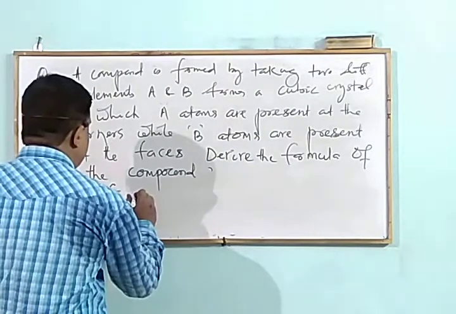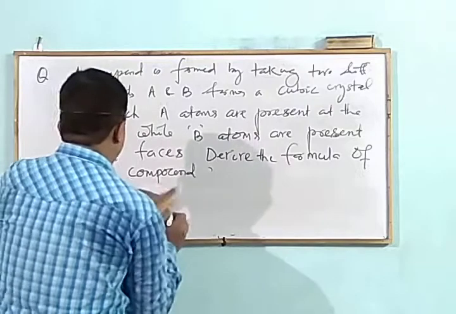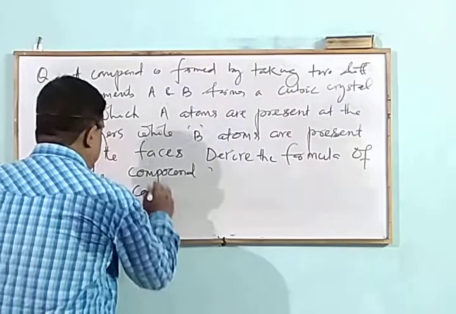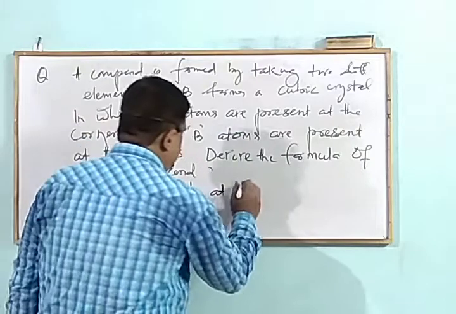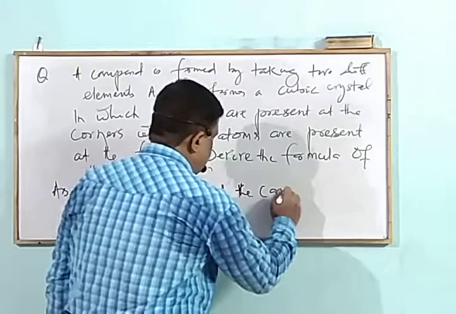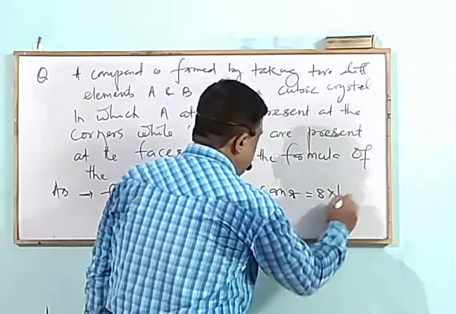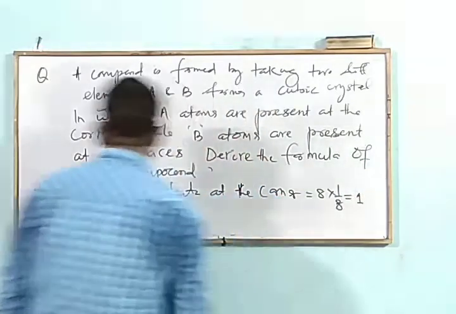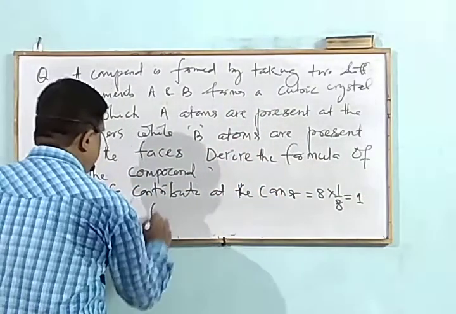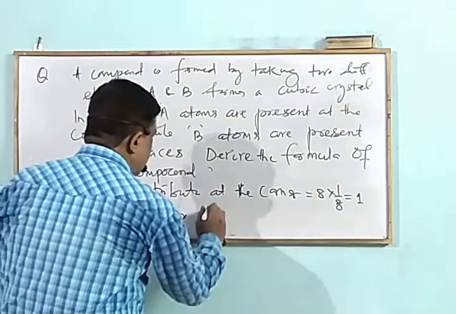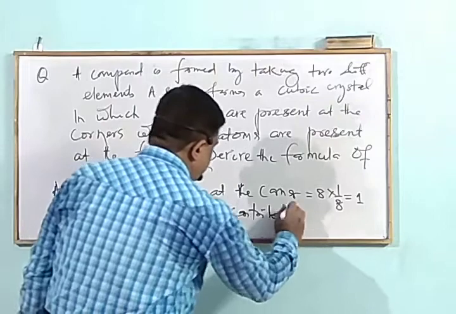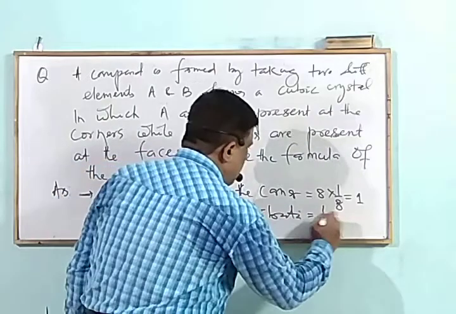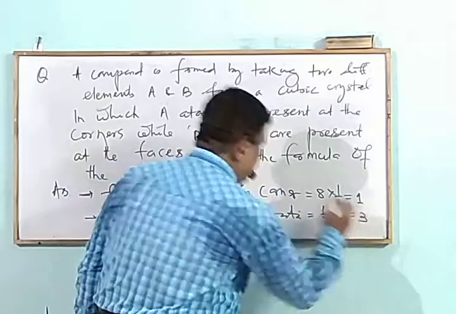For contribution at the corner, it is equal to 8 into 1 by 8 is equal to 1, and also for faces the contribution is 1 by 2 into 6, that is 3.